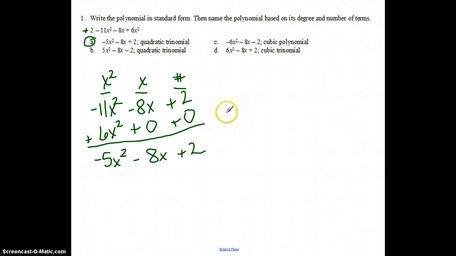Highest exponent here is 2, which means that its first name is quadratic. And there are 3 terms when I put everything together, which means its last name is trinomial. And that perfectly fits with A, so we know that this one's A.